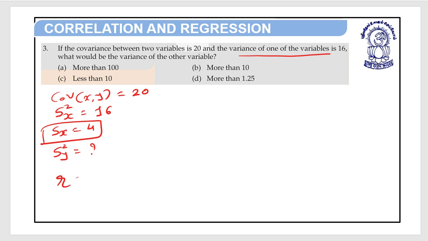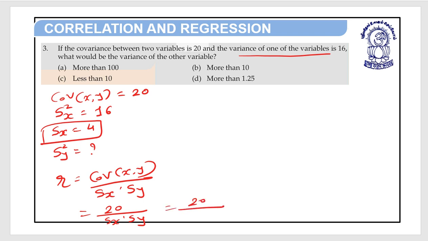So put the formula R is equal to covariance xy upon sx into sy. 20 upon sx into sy.